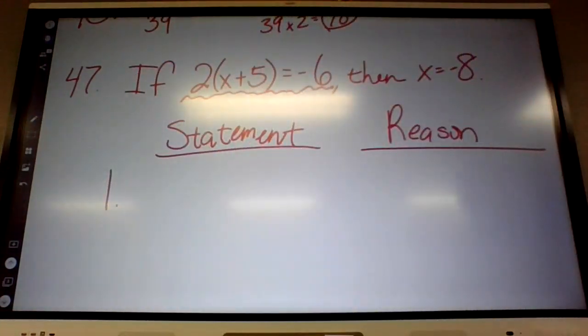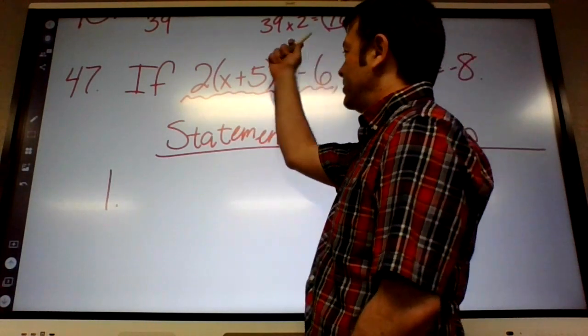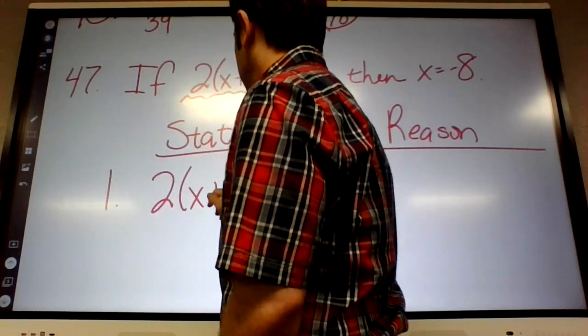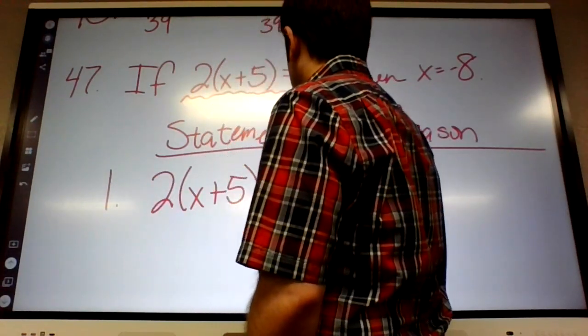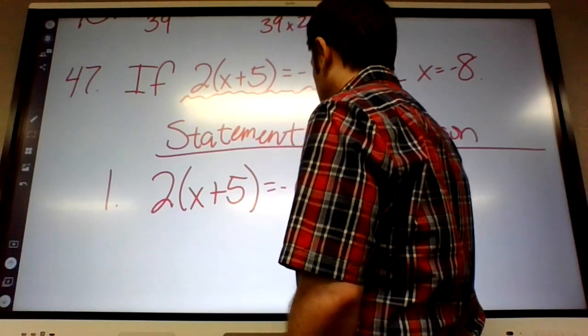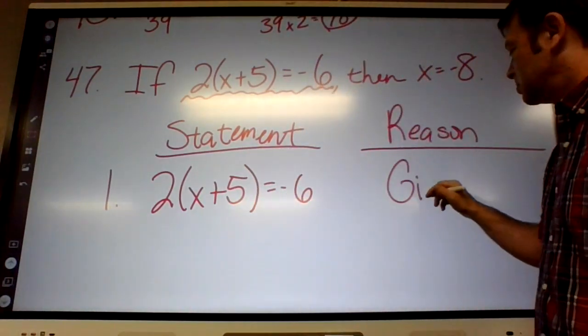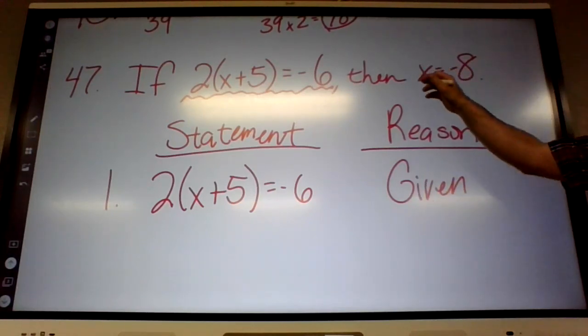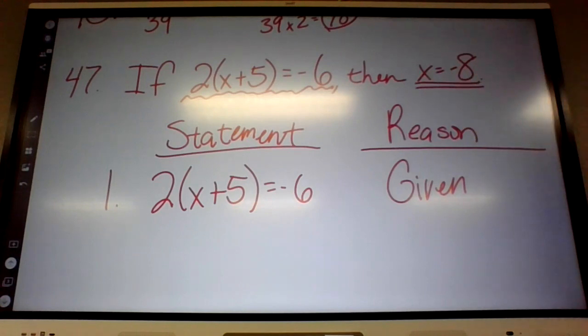All right, what always goes on the first line? What they gave us. The given, which is this part: if this, we're assuming that's true. And once we get to this, then we're done.